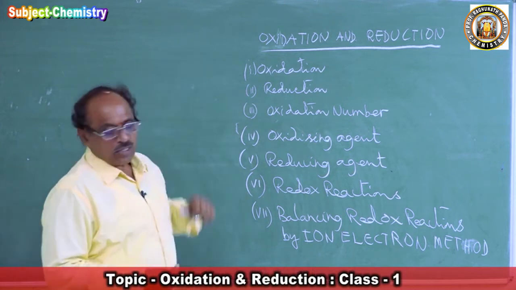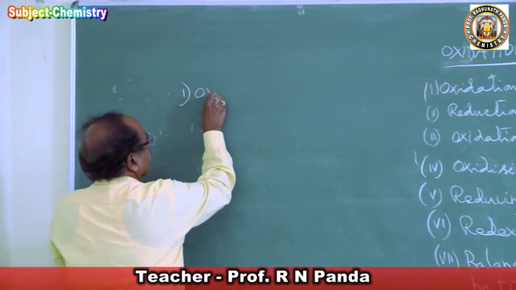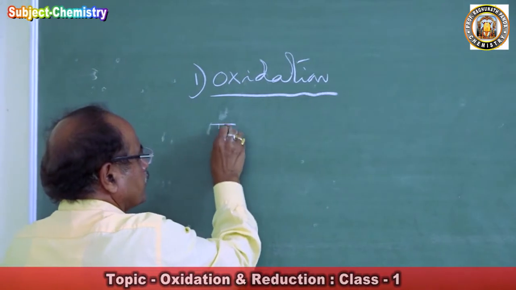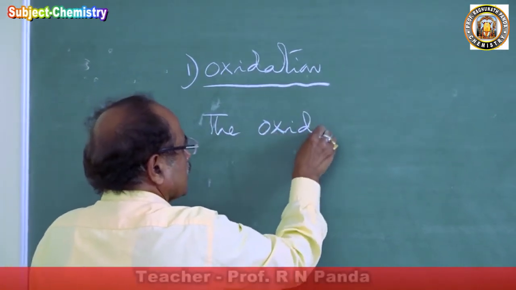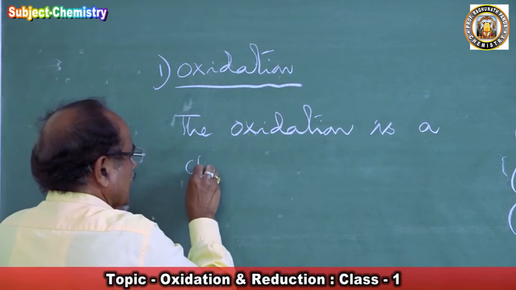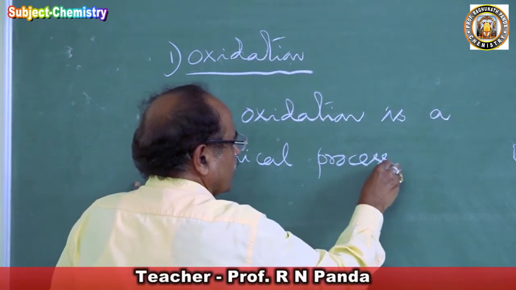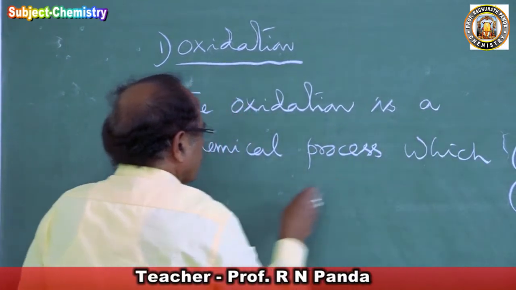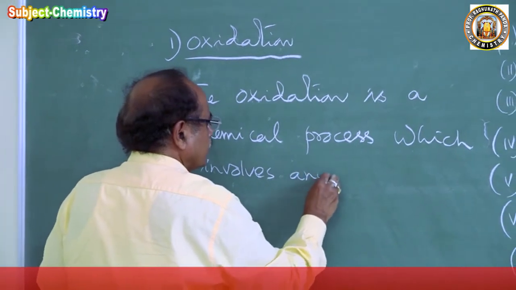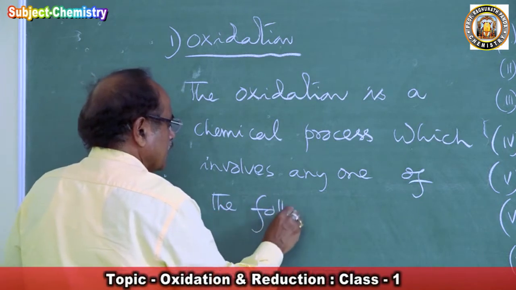So first let's come, what is oxidation? Oxidation is a chemical process which involves any one of the following reactions.